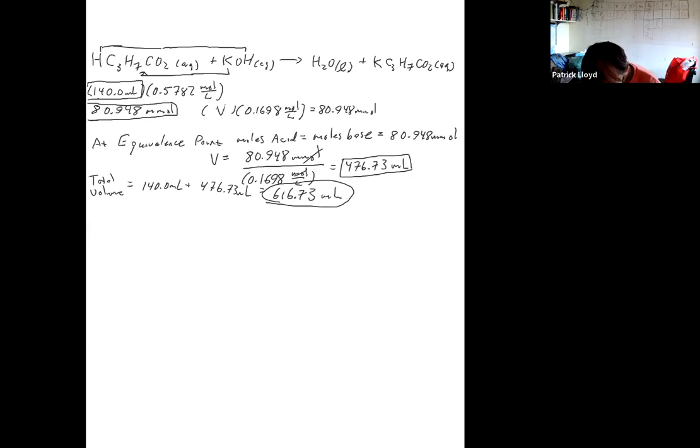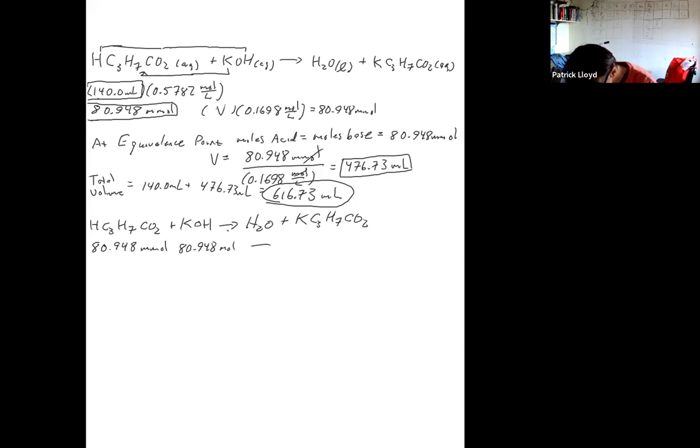Now let's go through our stoichiometry. The stoichiometry says that we're going to start with 80.948 millimoles of each. We're not going to worry about water.